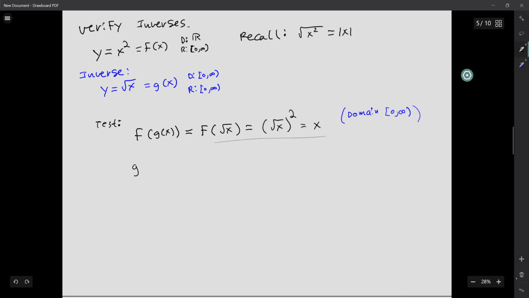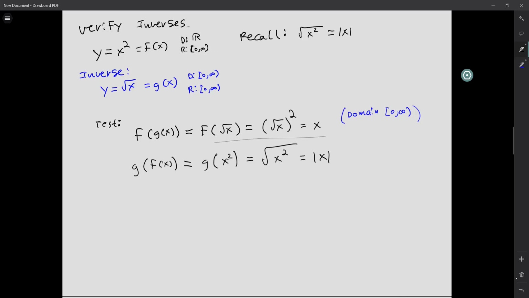So I should check g of f of x. This is going to be g of x squared, which is the square root of x squared. And the result of this is actually absolute value of x, because for f, I can plug in any number, positive or negative.